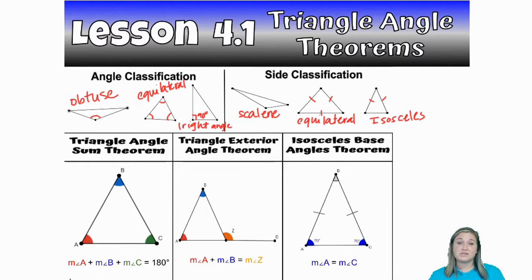And then you have the isosceles base angle theorem, where the two base angles are going to be congruent, and that's where it's noted that the two side lengths are the same. That's what makes an isosceles. So those are the three theorems that we're looking at this time. When you see a problem, you're going to have to decide which theorem am I using, and we're going to go through a lot more things.